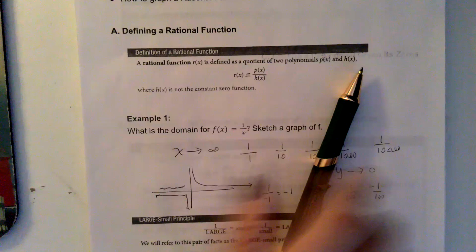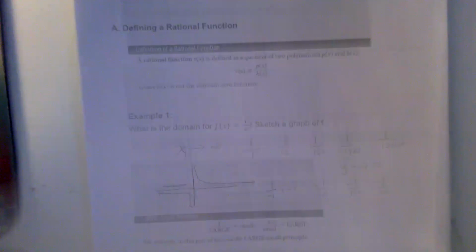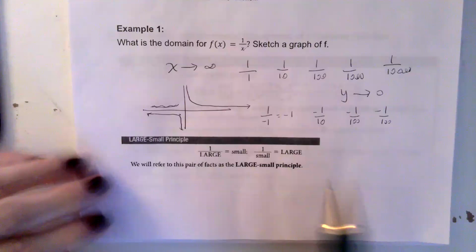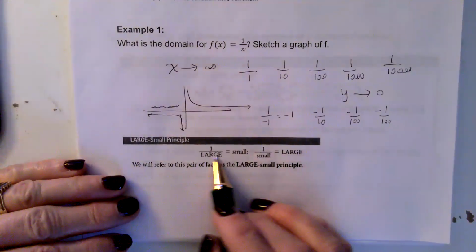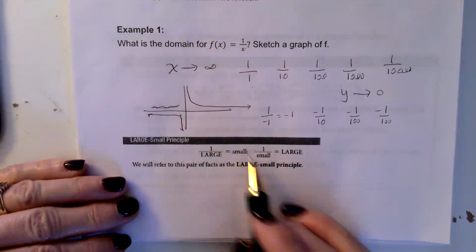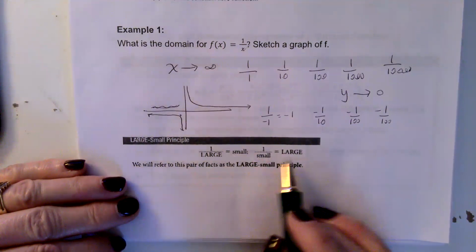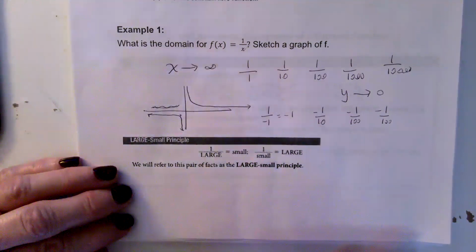So that's our one limitation, the denominator. We're going to call this the large small principle. As the denominator gets large, the overall value gets small. As the denominator gets small, the overall value gets large.